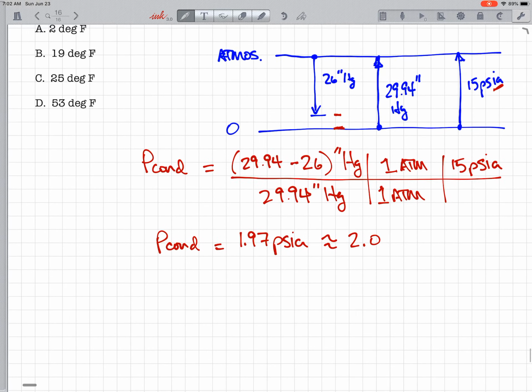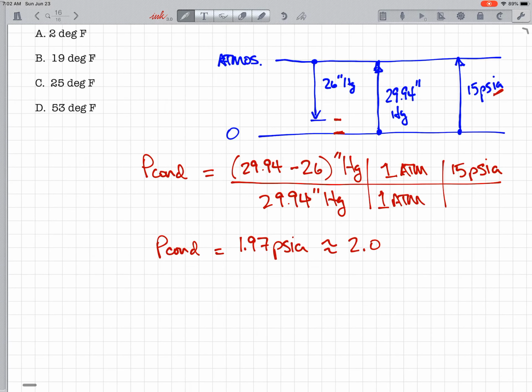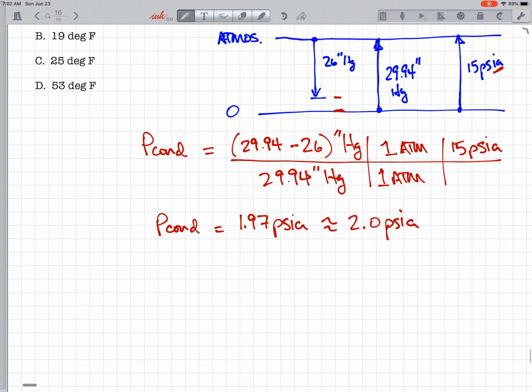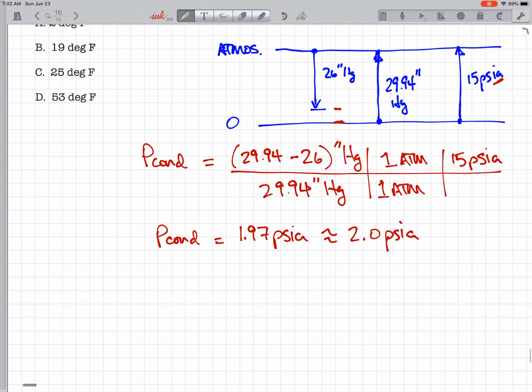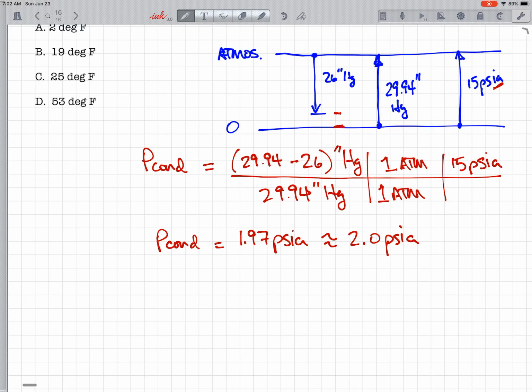Alright, so these are going to be saturated conditions. Well, excuse me. These are going to be conditions inside the condenser. So what we need to do is we need to look up the saturation temperature at 2.0 psia. So get out your steam tables.